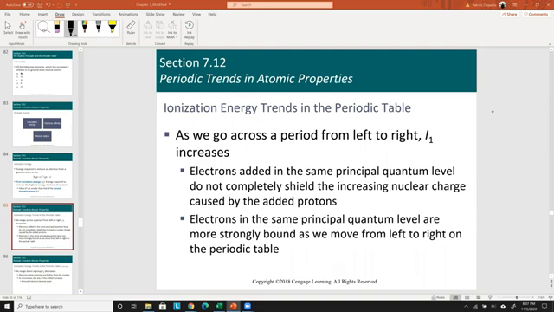So what happens is, as you go from left to right, the nuclear charge increases. The protons increase. This kind of relates to the other trends. When the protons increase, the nuclear charge gets bigger, and this increases the pull of all the electrons to the nucleus, even the ones that are added on.